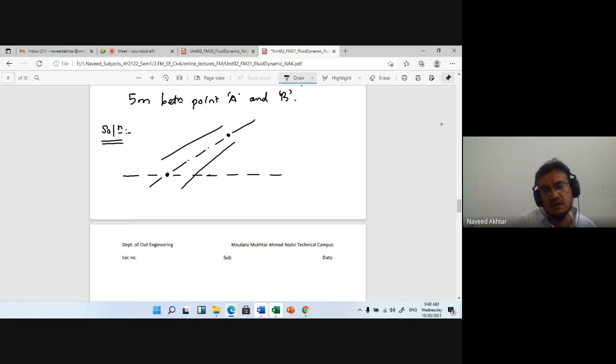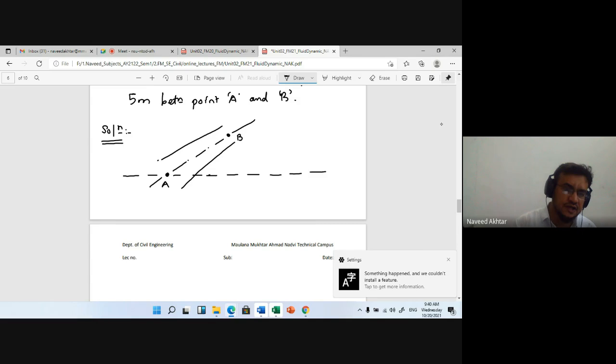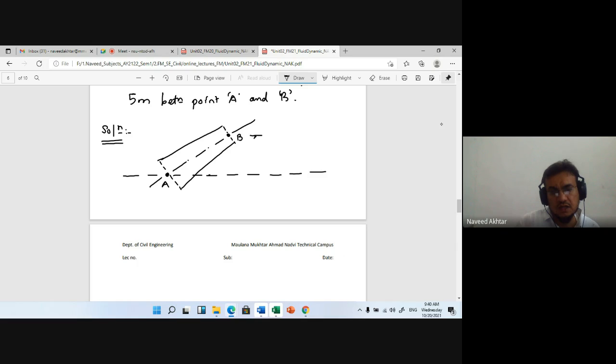So this is your point A, and this is your point B. The cross section dimension at A is different, and the cross section dimension at B is different, and there is the potential or datum head at B from the datum.